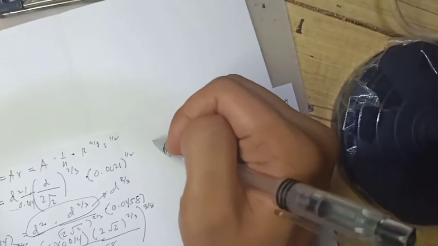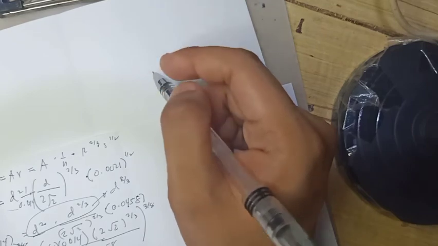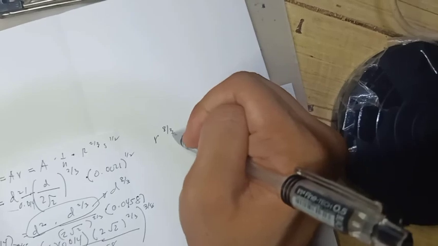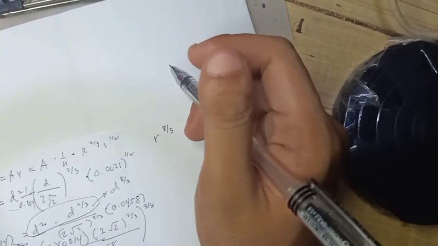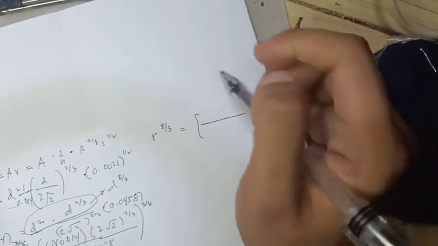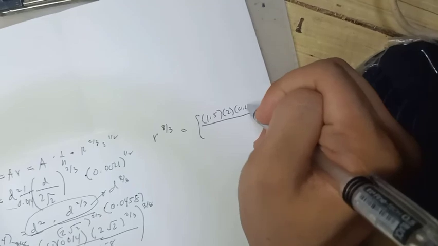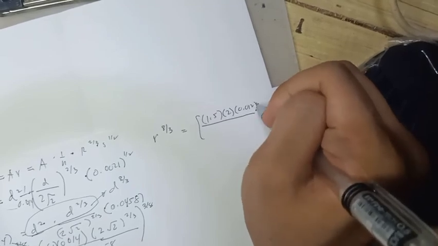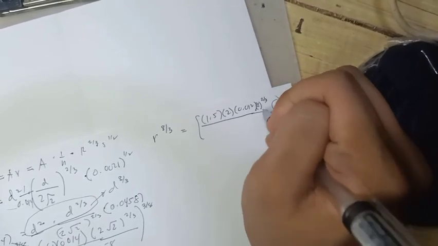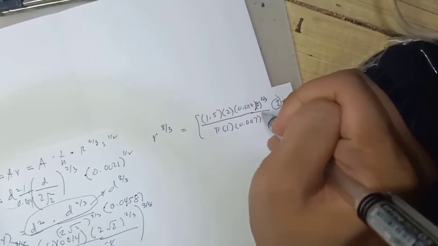Let's do the math. It turns out the same, r to the power of 8 over 3, because r squared times r to the power of 2/3, equals 1.5 times 2 times 0.012 times 2 raised to 2/3, all over pi times 1 times 0.007 raised to 1/2.